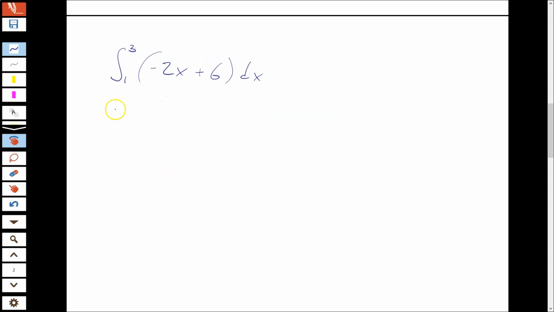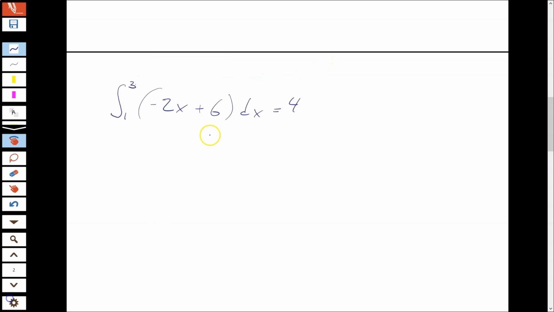For our next fact, so notice this is the same integral that we started with. For our next fact, I want us to think about this graphically. Remember that was equal to 4. So remember what this is saying, right, is if I draw my function, so this would just be a linear function decreasing with a y-intercept of 6, right? So if I draw that, what this is saying is if I highlight the area from 1 to 3, the area under that curve is equal to 4, okay?